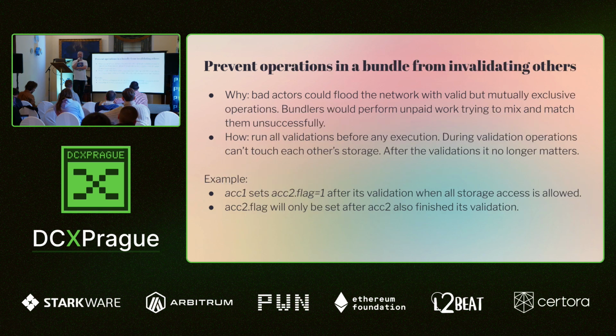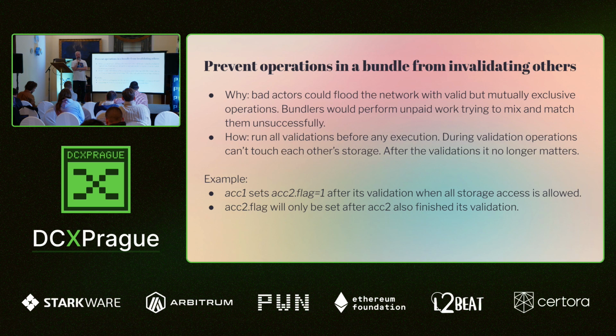Then we also need to make sure that if a transaction is valid alone, it is also valid on chain together with other transactions in the same bundle, because otherwise someone could produce a transaction that invalidates another transaction. Now, we already established in the previous rule that transactions cannot, during validation, access the storage associated with another account.